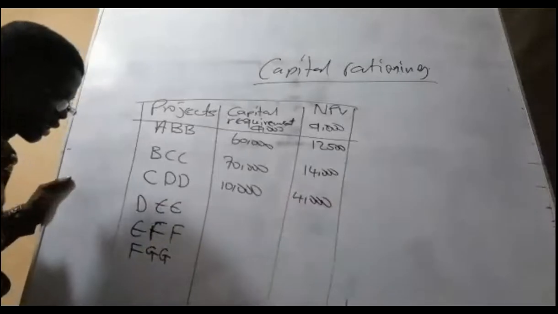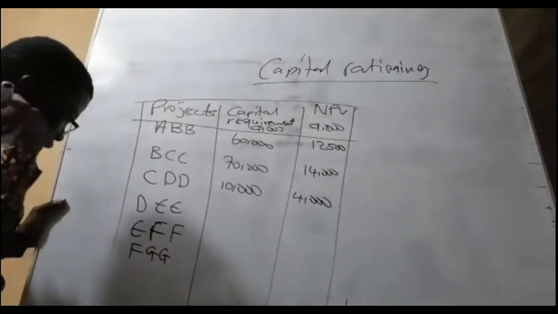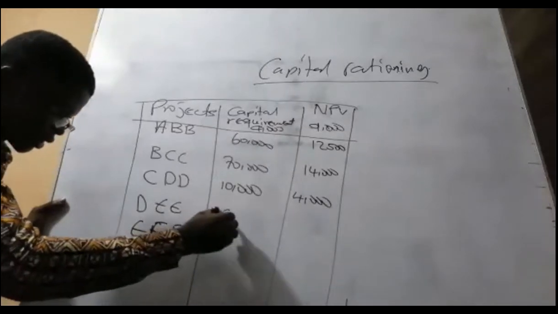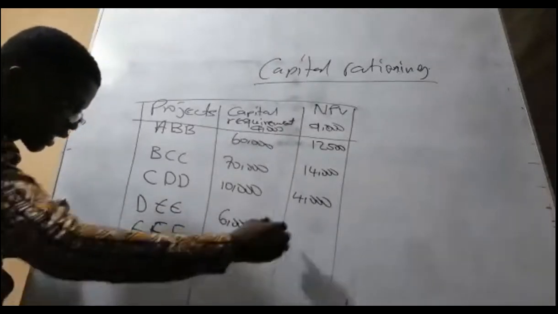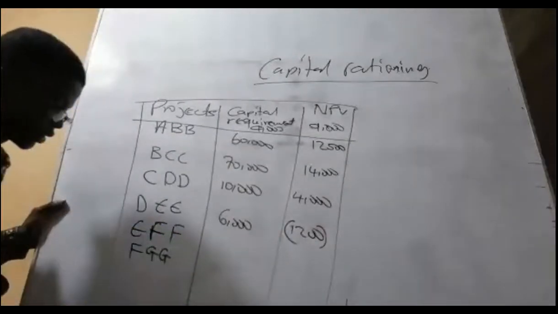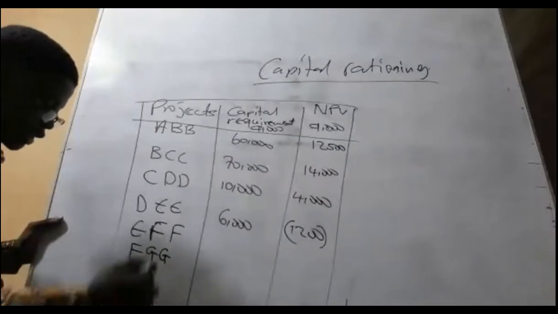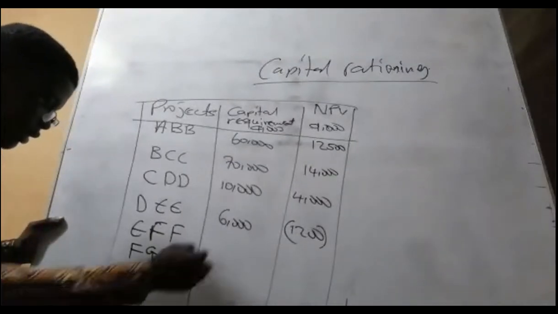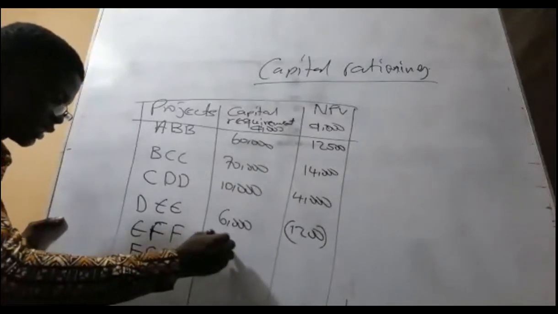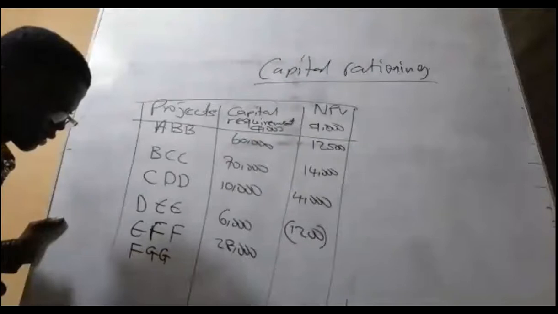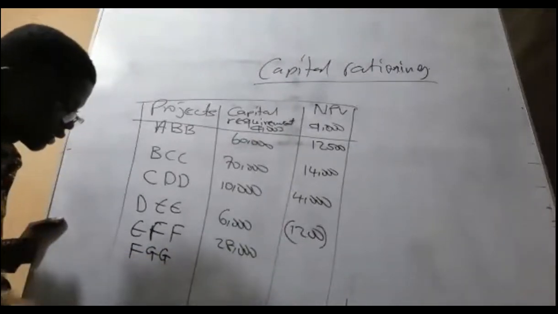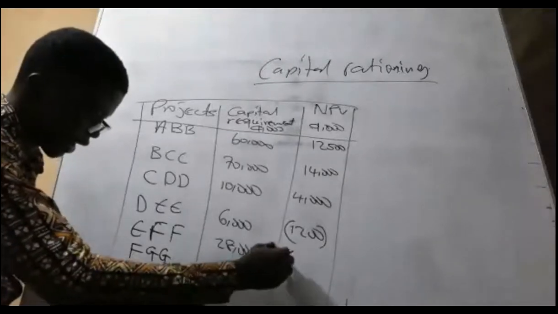Project DEE, you need just 6,000 cedis, but the NPV is negative 1,200. Project EFF, you need 28,000 Ghana cedis, but the NPV is just around 6,000.